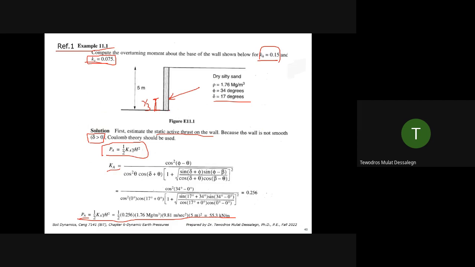The dynamic component, we know that it acts at a higher height from the base. Who can tell me that? 0.6. That's a recommendation from Seed and Whitman. The Mononobe-Okabe, they assumed initially at 1/3, but later experiments show the dynamic component acts at higher distance, right?